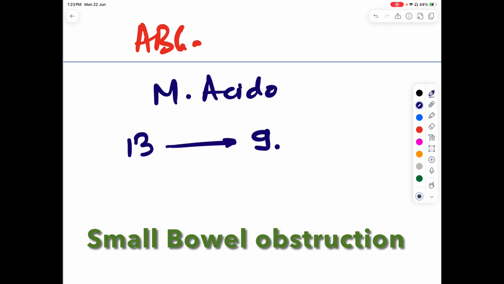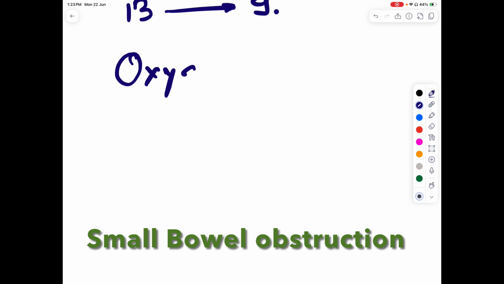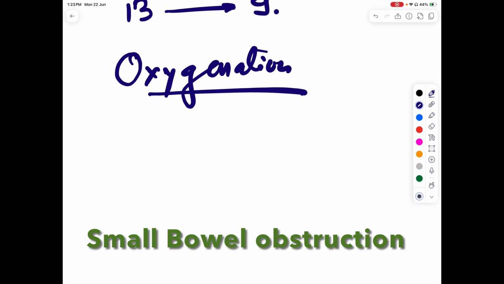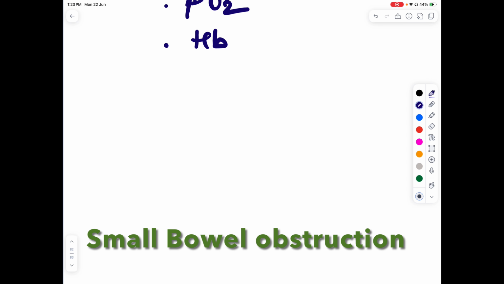So what are the factors that affect tissue oxygenation? It depends upon hemoglobin content, cardiac output, PO2, the partial pressure of oxygen, and Hb. So how is oxygen delivered?